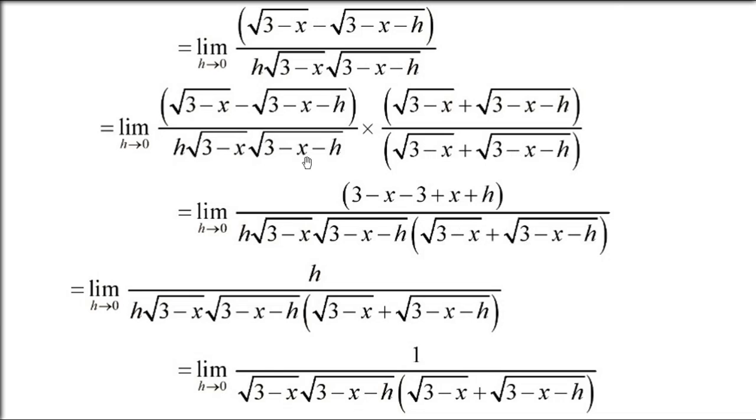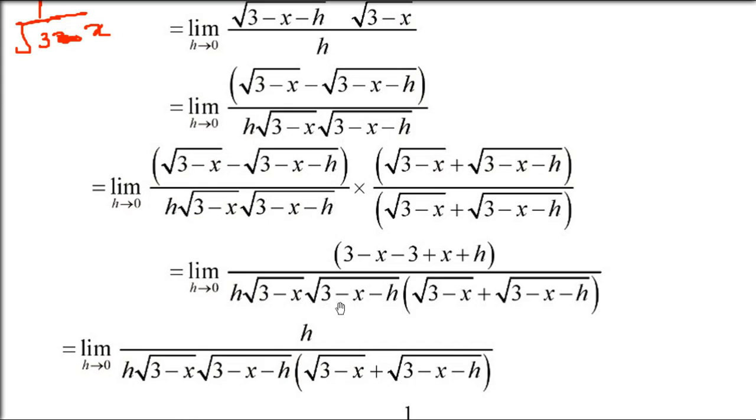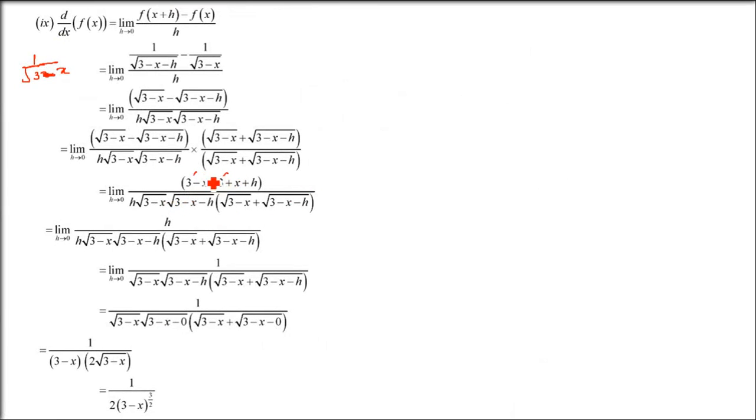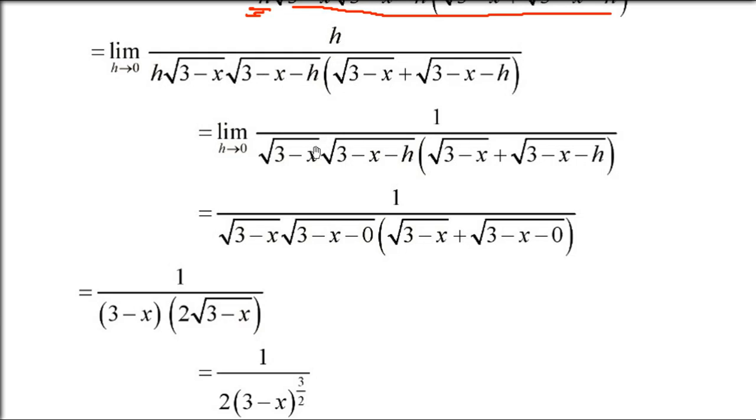So this RF in the denominator remains, and this also, when we took the LCM, this also remained. So when you see the numerator, 3 gets cancelled, x gets cancelled, only h will remain. And h is already there in the denominator, so just cancel this h. You have this whole, and the only thing you have to do is put h as 0 everywhere now.